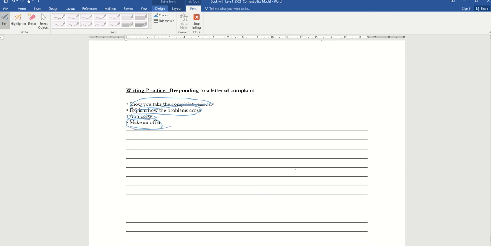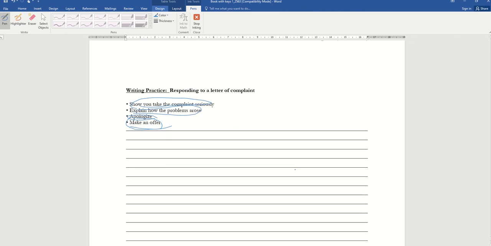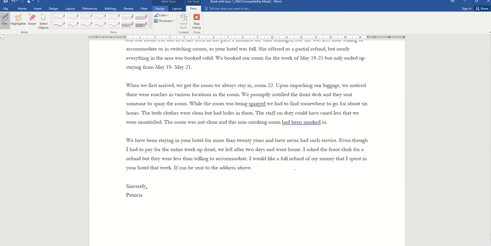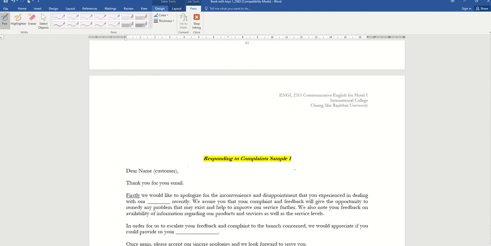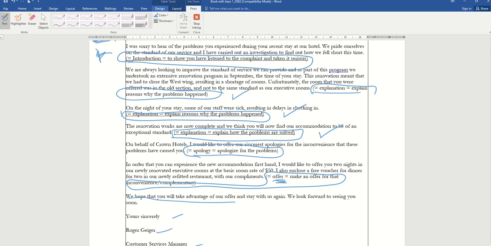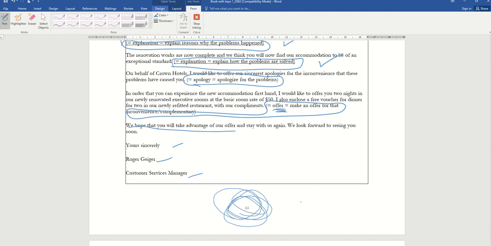This page, try to write a letter. It should be a paragraph like this. Example is on page 83 that I have just explained to you.